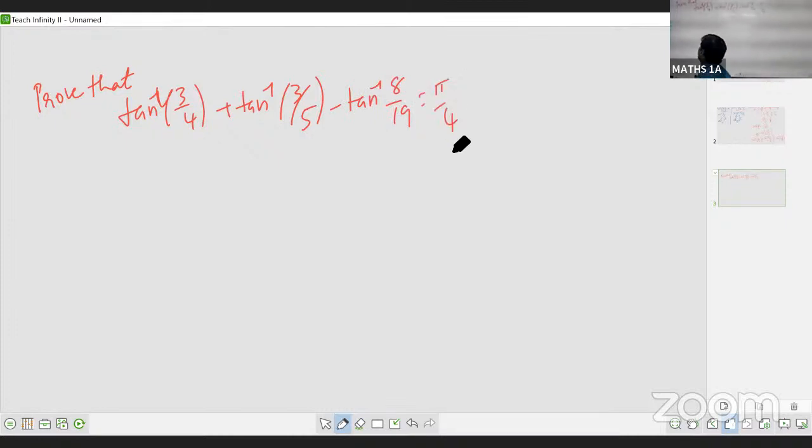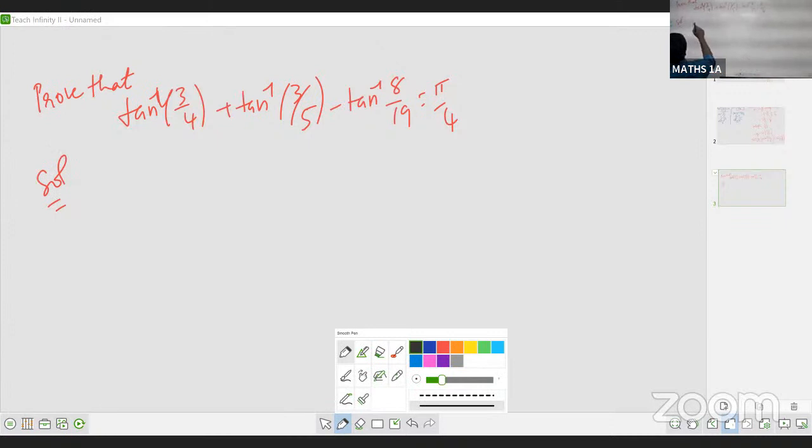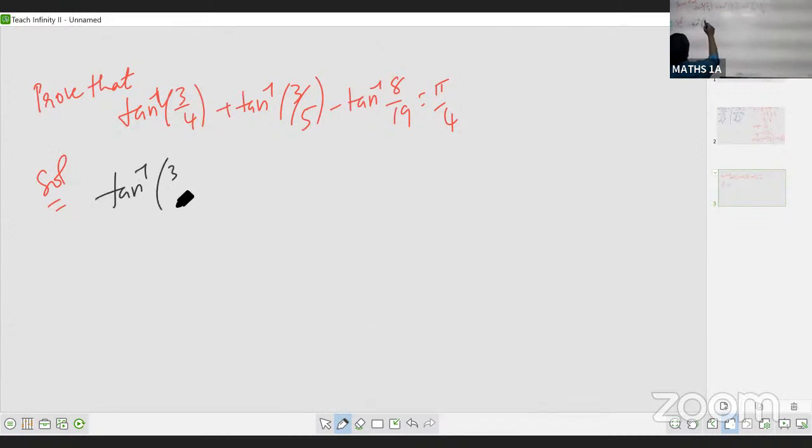We have to show. Is it clear? First I will take tan inverse of 3 by 4 plus tan inverse of 3 by 5. First you take these two.